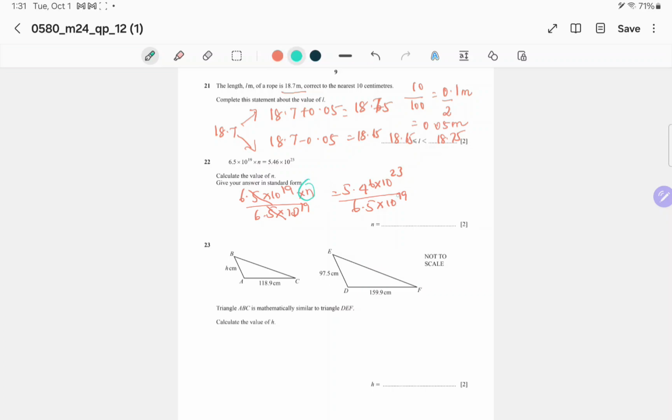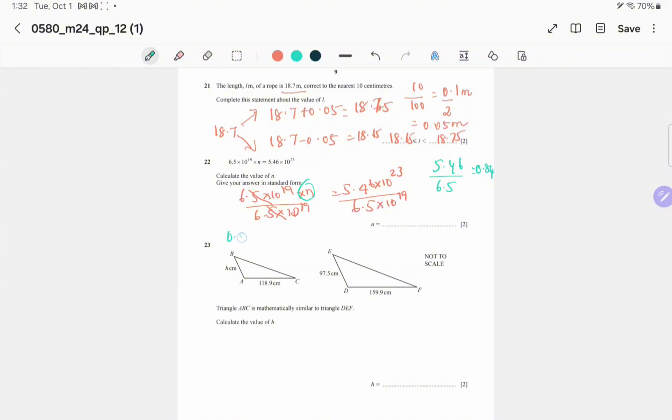After dividing we get 5.46 divided by 6.5, which is approximately equal to 0.84.